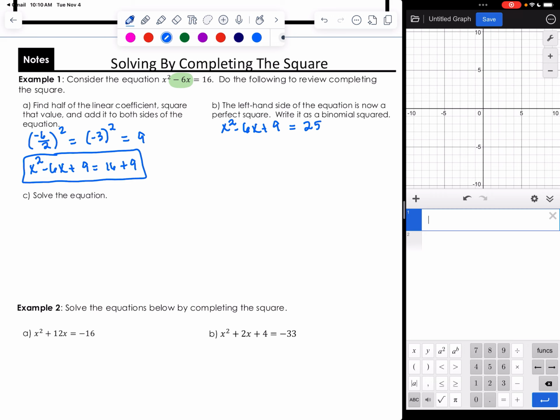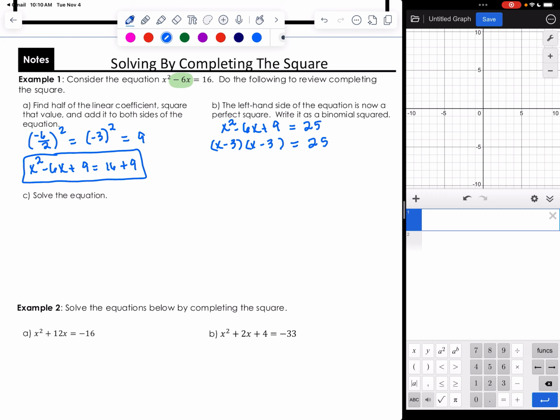Now, if I were to factor this left side, I need two binomials that I could multiply together to get x squared minus 6x plus 9. Well, to get x squared, I could use x and x. And then for the 9, I could use 3 and 3. Now, to get those to add up to negative 6, I would simply need to put a minus in front of both of them.